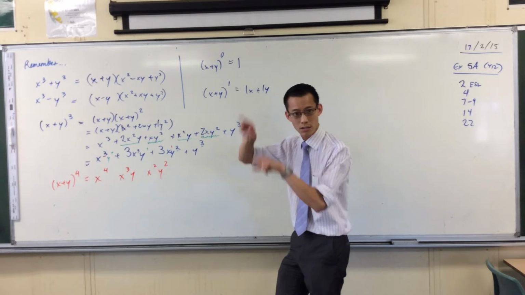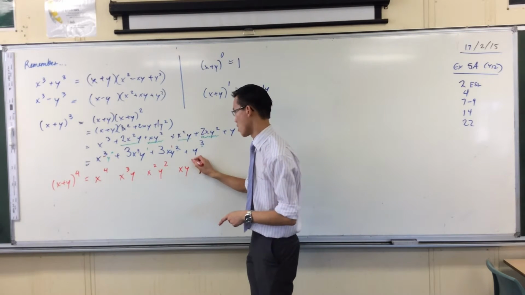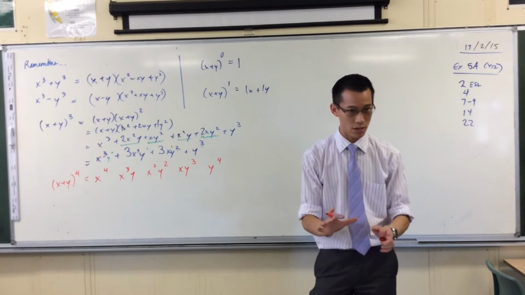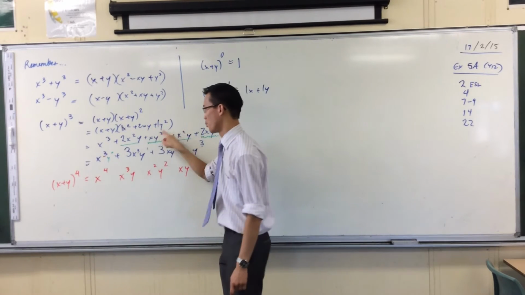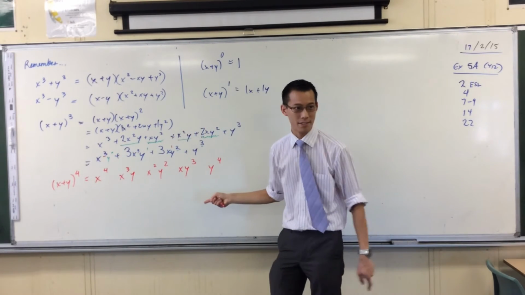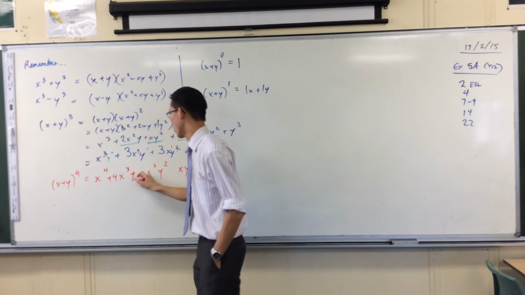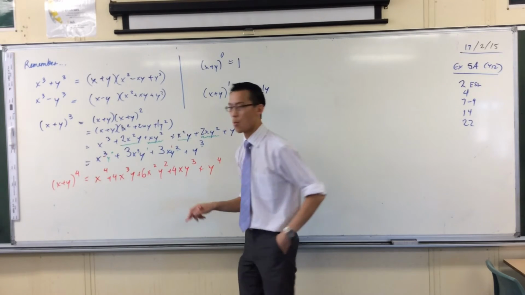You can see what the powers are doing, right? One's going up, one's going down. I'll have one x left here, and then a y cubed, and then end with a y to the 4. So you see the symmetry. And just like I had 1, 1, then 1, 2, 1, then 1, 3, 3, 1, the coefficients I'm getting here are 1, 4, 6, 4, 1.